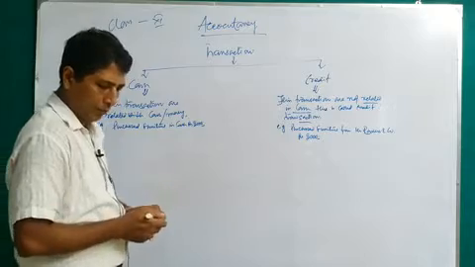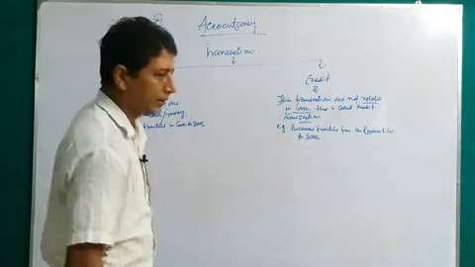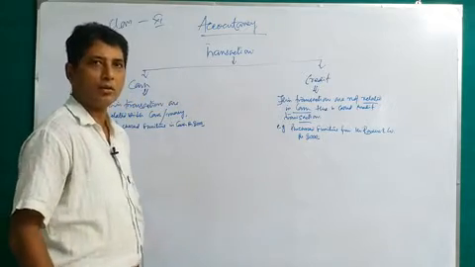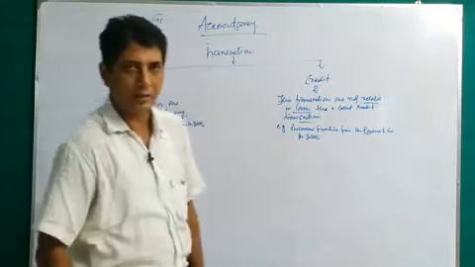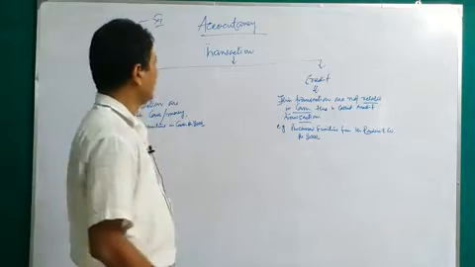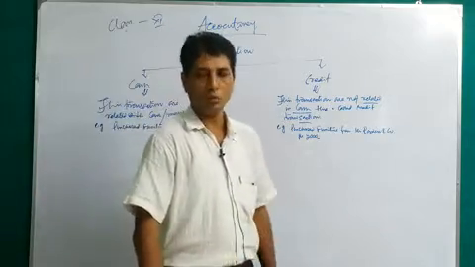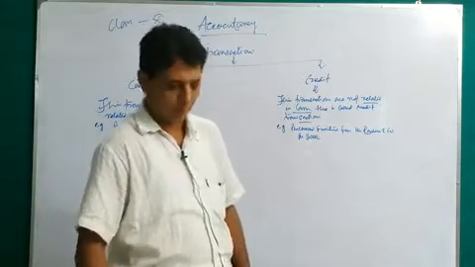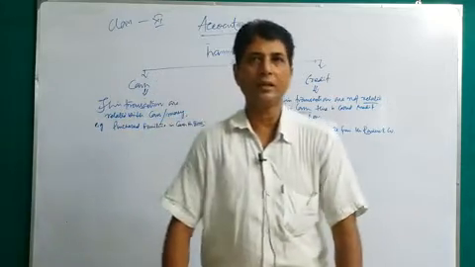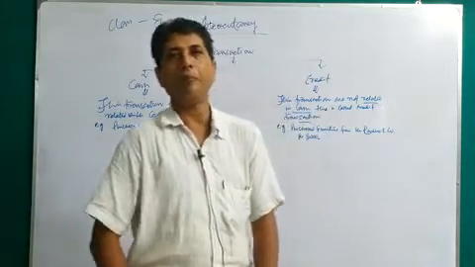In the previous class I discussed the different types of account: real account, personal account, nominal account, and valuation account. Today I will give some examples of real, personal and nominal accounts, and how to write them. At first, let me explain the journal. What is a journal? The journal is the rough book.